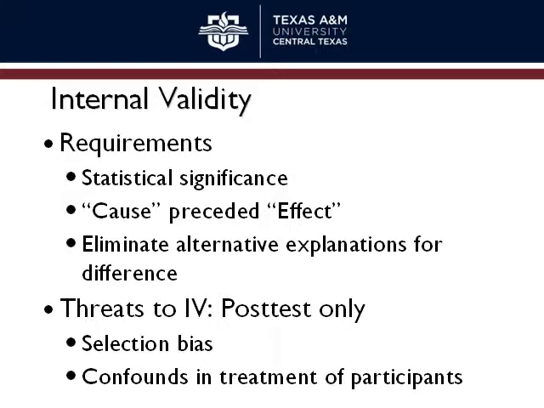Okay, so in terms of threats to internal validity, we'll talk about a couple, and we'll talk about them in different situations. If you're doing an experiment that's post-test only, right?